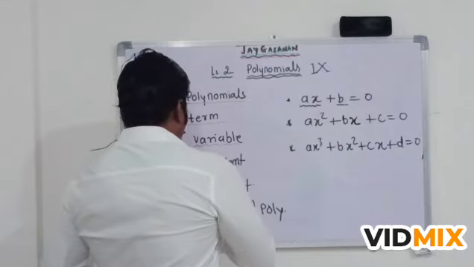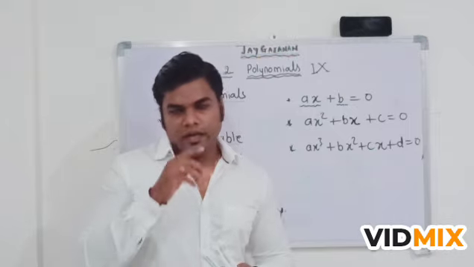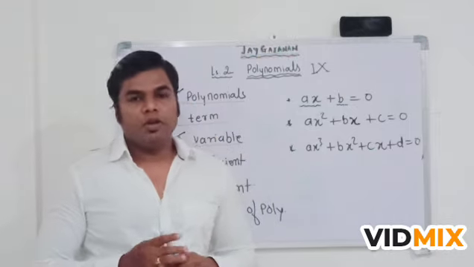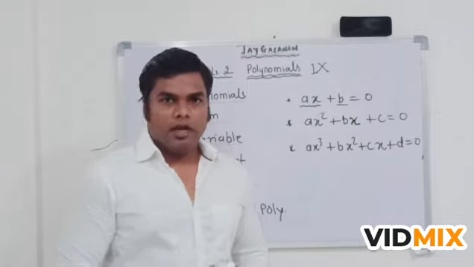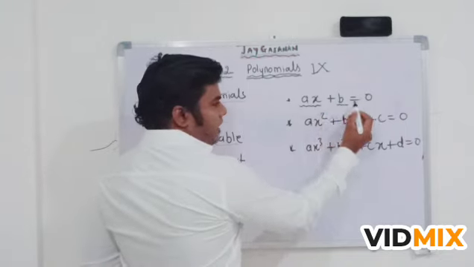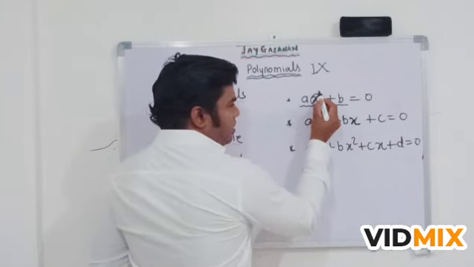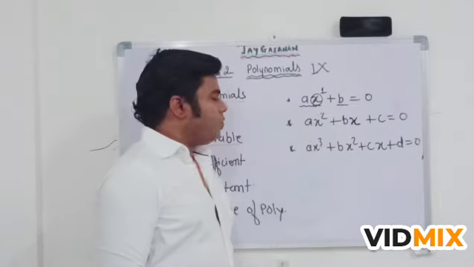That is also done. Then we'll go for the degree of a polynomial. Now what is degree of a polynomial? For degree of a polynomial we have to see the power of the variable. So here what is the power of the variable? Variable is x, and what is the power? Nothing, that means 1. So here the power of the variable is 1.